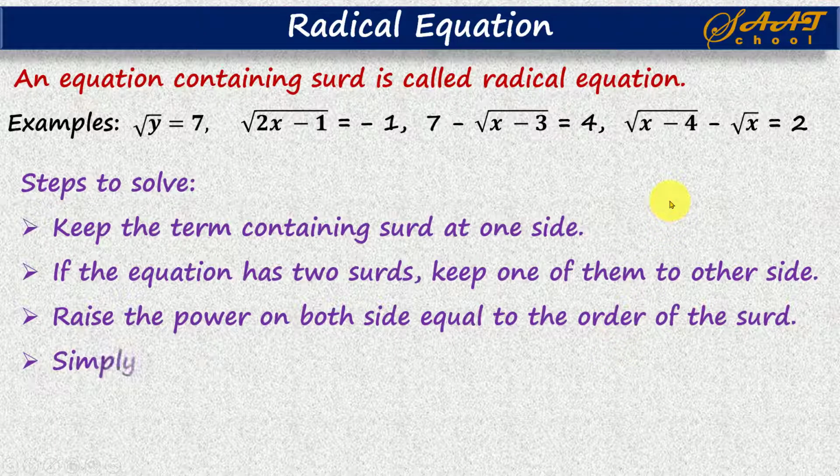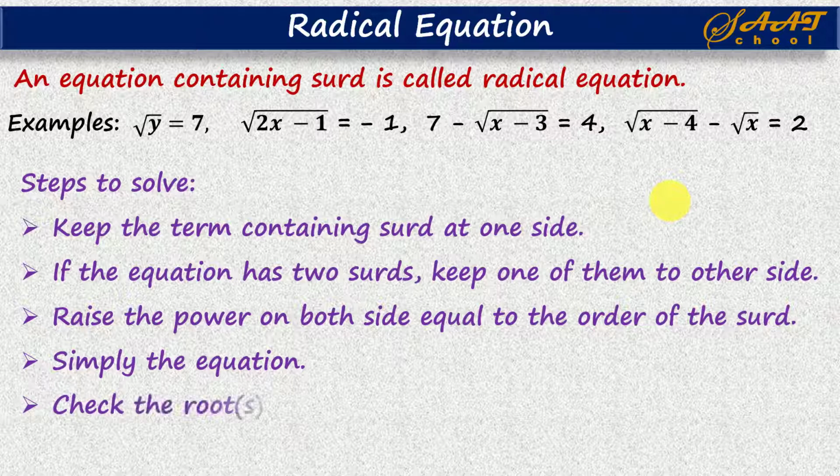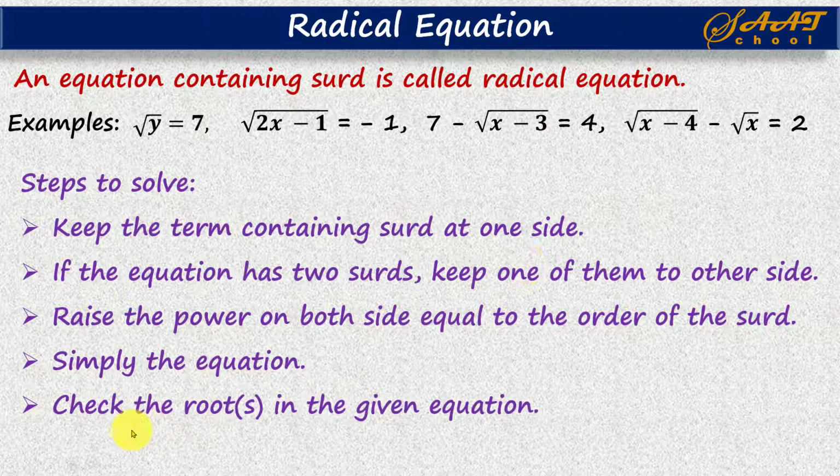Now once you raise the power, then you have to simplify the given equation. After simplifying the equation, you'll get the value of the given variable like x and y. Once you have the value of the variable, then you have to check those values in the given equation. Here, check the roots. Roots mean the values of the given variable.